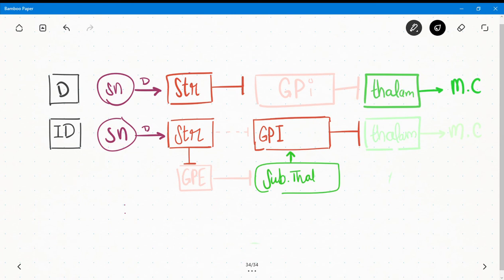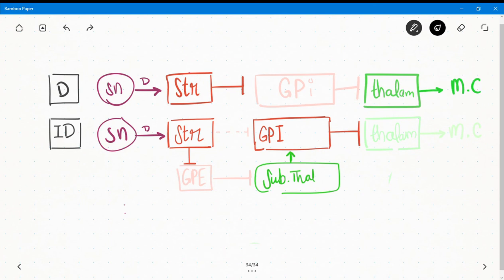So it's up to the striatum whether it wants to inhibit the globus pallidus internus or the globus pallidus externus. If the striatum decides to inhibit the globus pallidus internus, then it's freeing the thalamus from the inhibition of the globus pallidus internus. And by freeing the thalamus, we are initiating a movement, because remember the key concept: thalamus means movement.